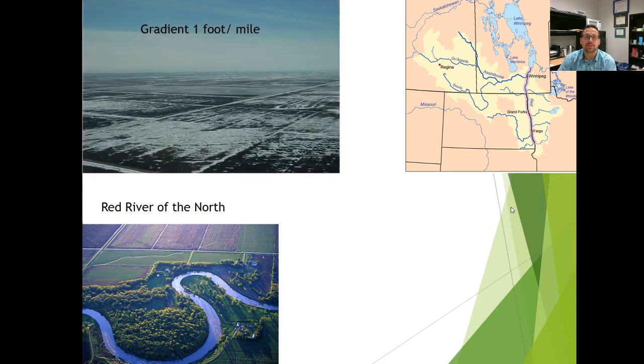But the crazy thing about this river is that it has an extremely low gradient. I grew up right here in Breckenridge, Minnesota, and it is a crazy place for how flat it is. Literally, you can see the curvature of the earth as a car drives away from you. So when the river floods, it floods for miles, like literally 20 miles on the left bank and 20 miles on the right bank.